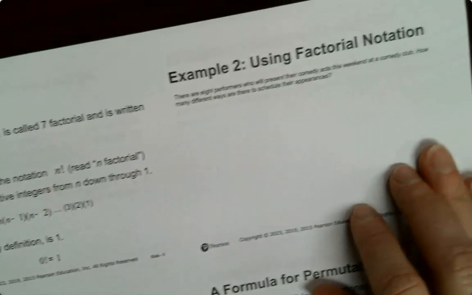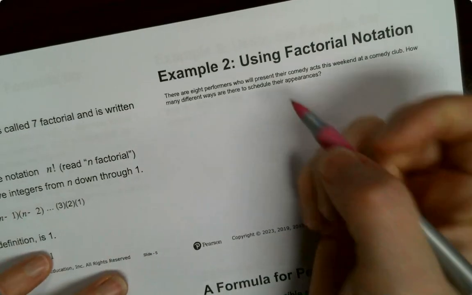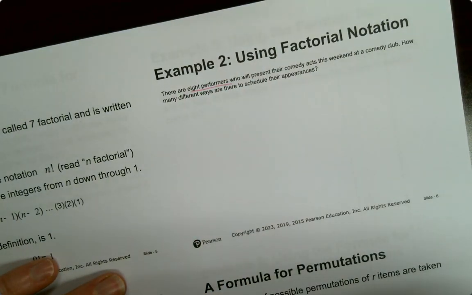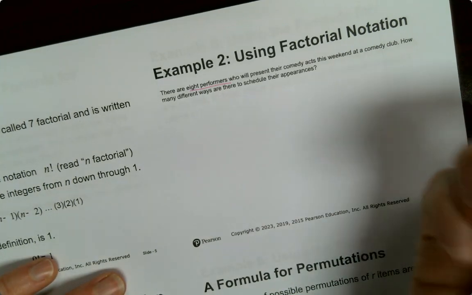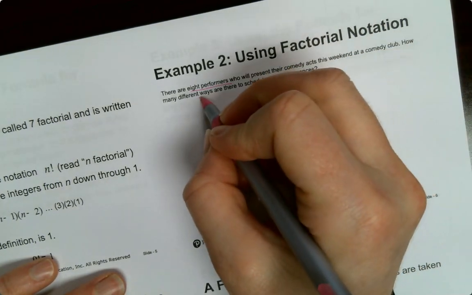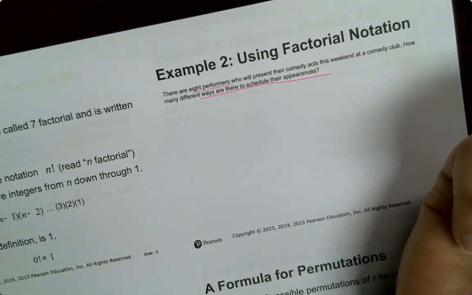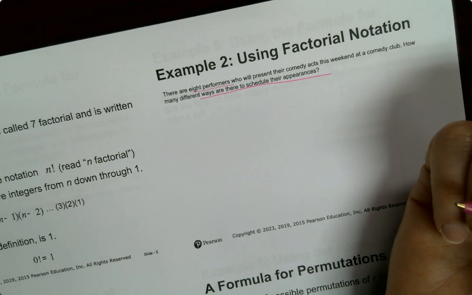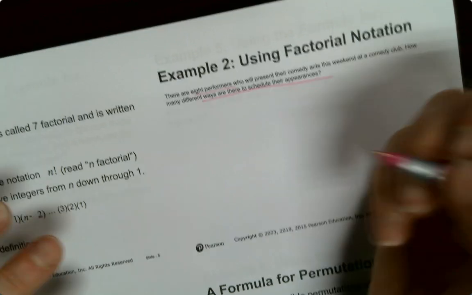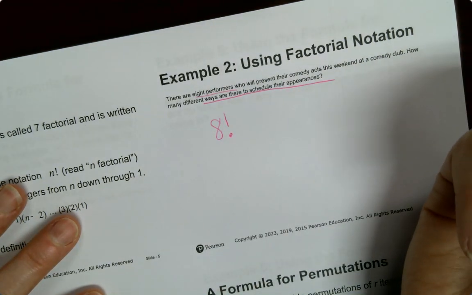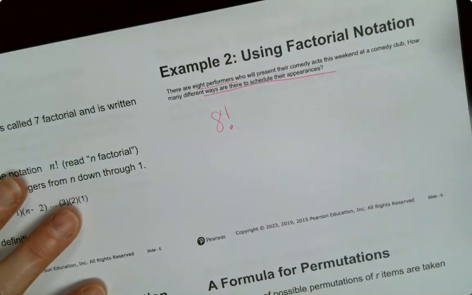Let's look at example 2. There are 8 performers who will be presenting their comedy acts this weekend. How many different ways are there to schedule their appearances? If you're looking for all the different ways to schedule their appearances, like you have the first, the second, the third, the fourth, the fifth, the sixth, the seventh, the eighth, then this is where you use factorial, because you're finding all the possible ways that you can list them out.